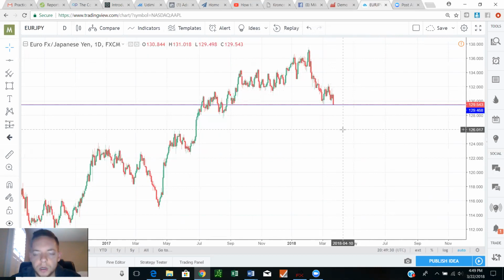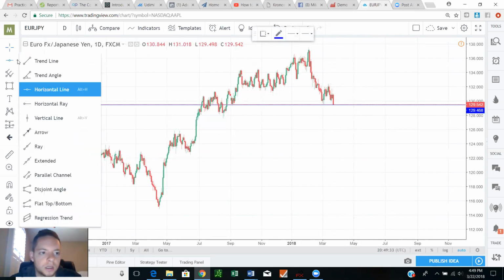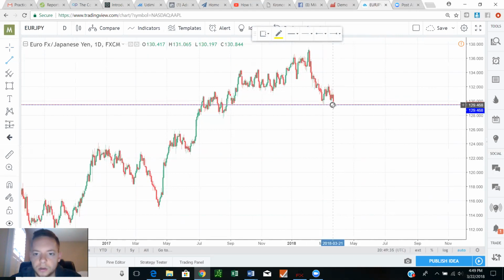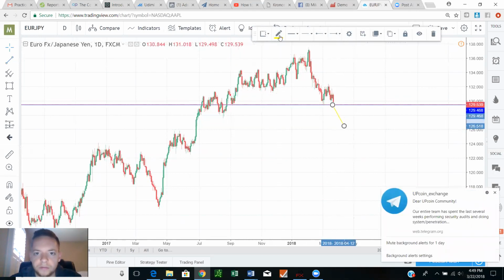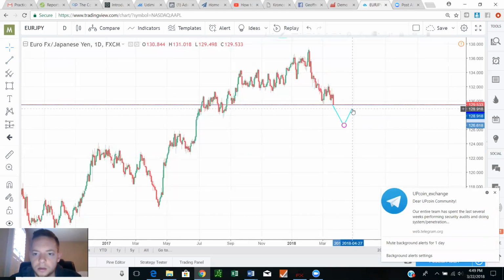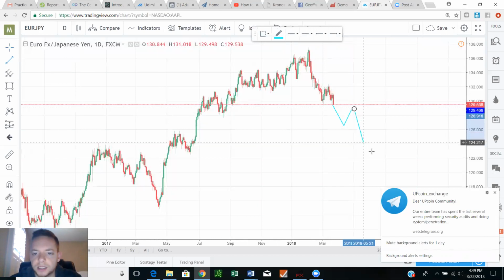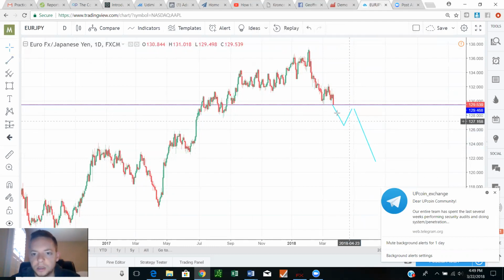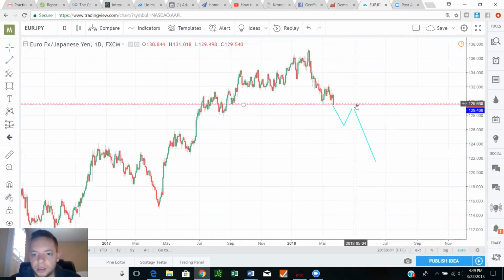If it broke through, what we'd be looking for is for it to come back and retest it as a resistance point now, and then continue. Come down, retest. We would enter right here on the retest on a sell, and then we would look to take a profit going down.